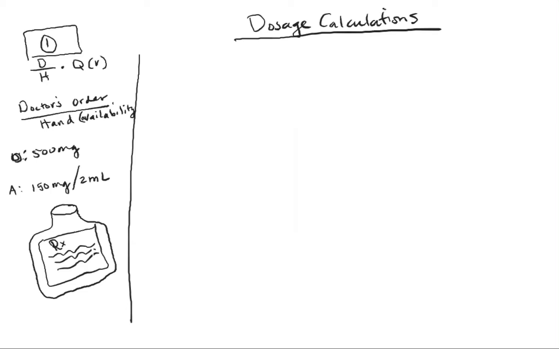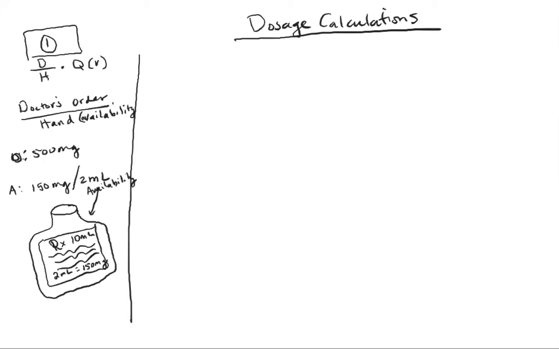Well, somewhere in that label, it's going to tell you we have a total of 10 mLs in here, and for every 2 mLs, that equals 150 milligrams. Does that kind of make sense? Yes, sir. So this is what your availability looks like.